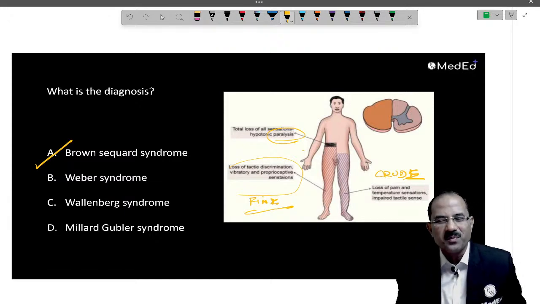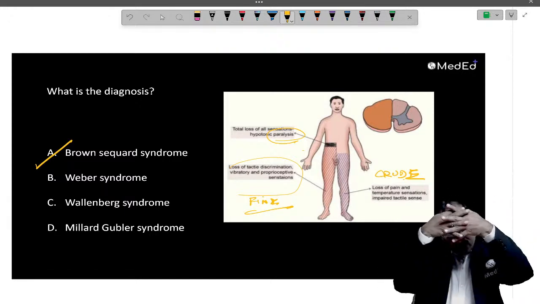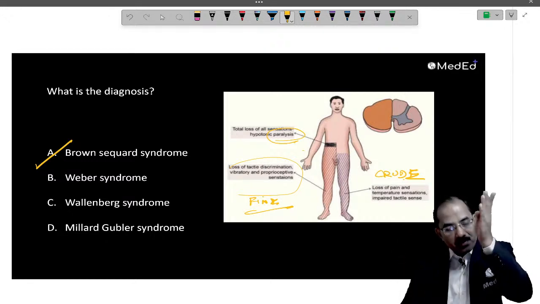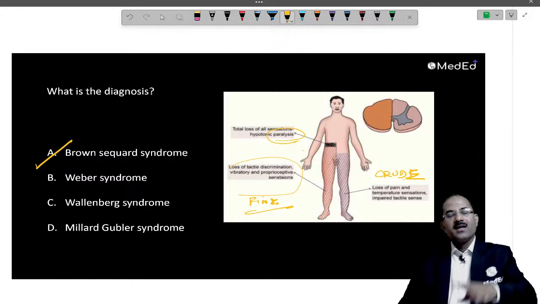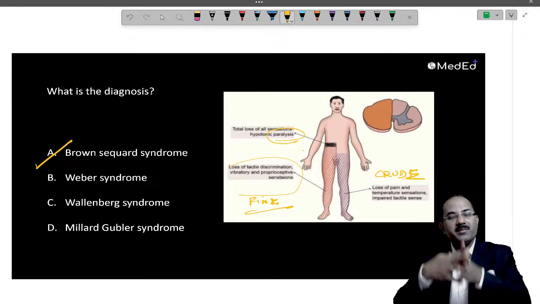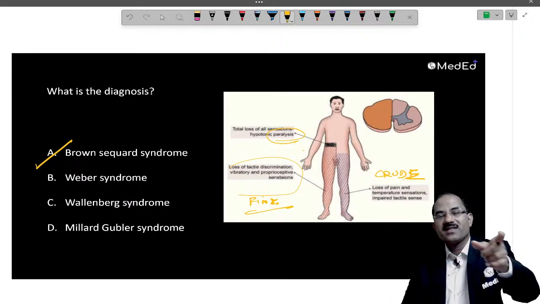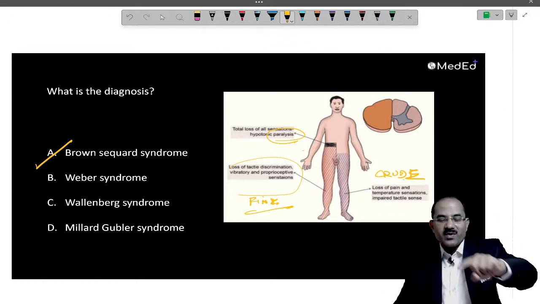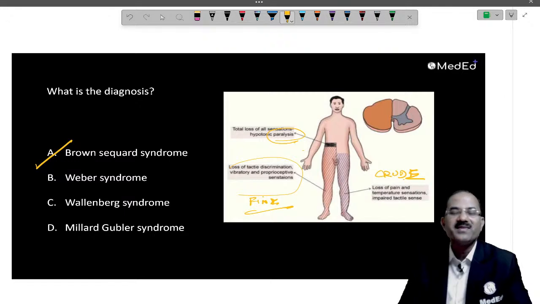The corticospinal tracts cross above, so there will be an upper motor neuron type of paralysis on the same side. The fibers carrying fine sensations cross above, so there will be loss of fine sensations on the same side. Whereas the fibers carrying crude sensations cross at the spinal level, so there will be a loss of crude sensations on the opposite side. This is Brown-Séquard syndrome.